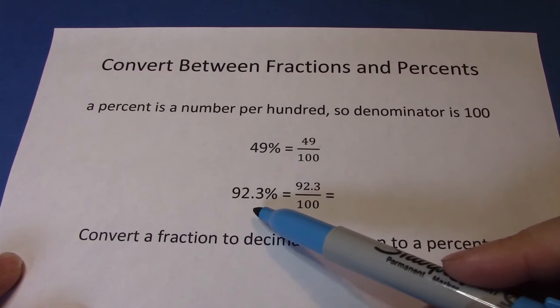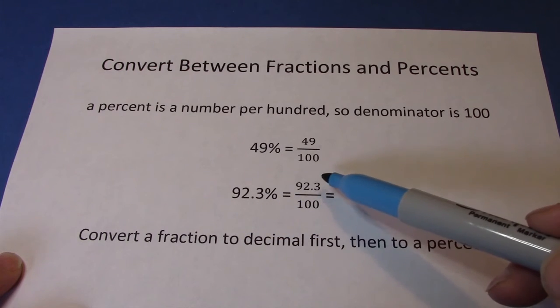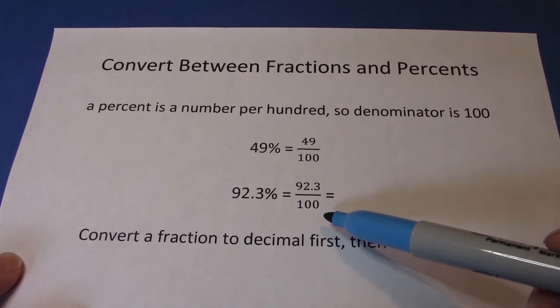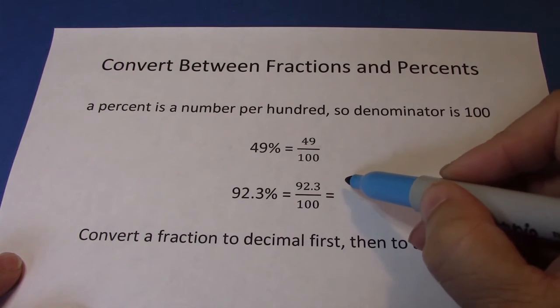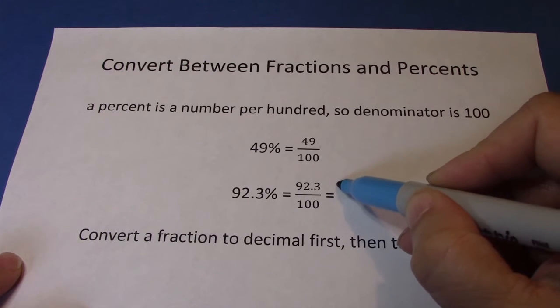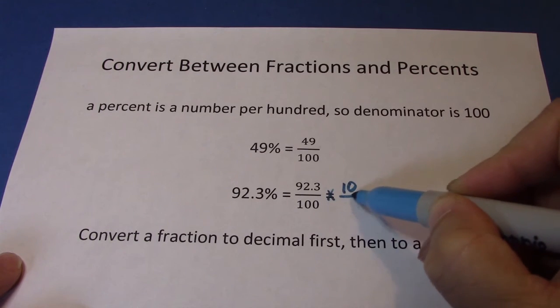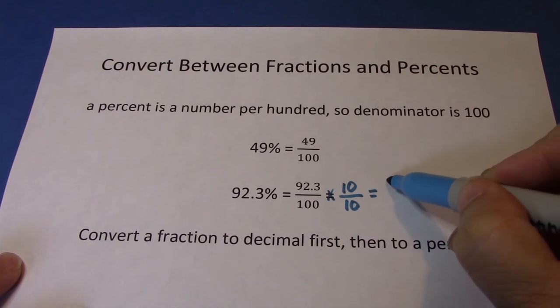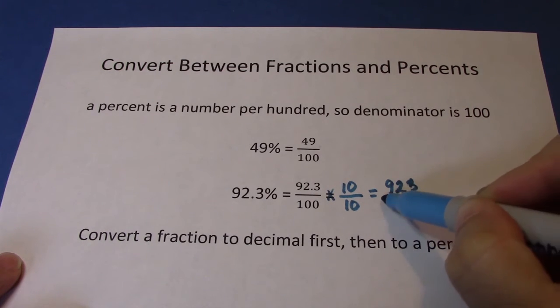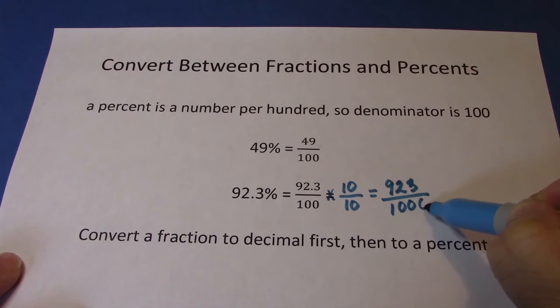So 92.3% is still 92.3 per hundred. We don't usually want to mix decimals and fractions, so if we multiply that times 10 over 10, that's really just multiplying by 1, we would get 923 over 1,000.